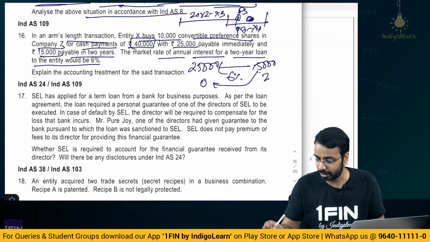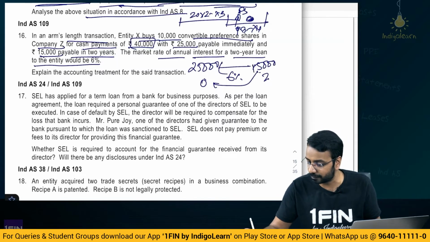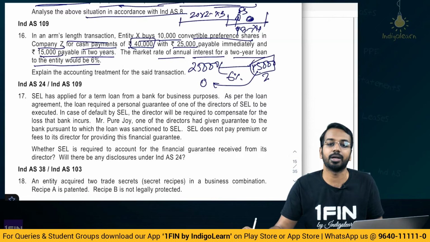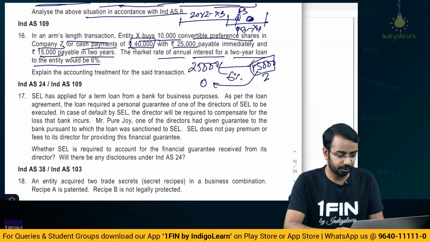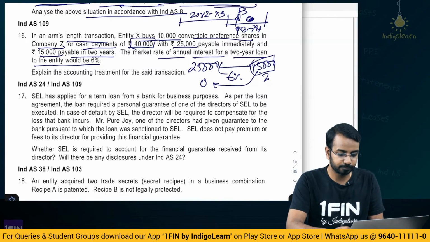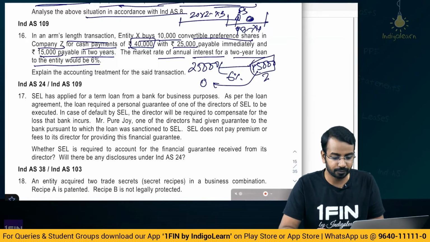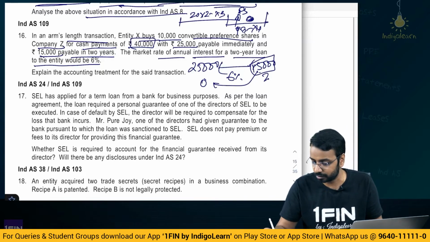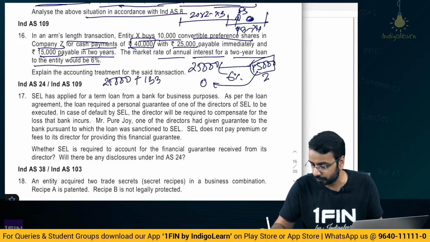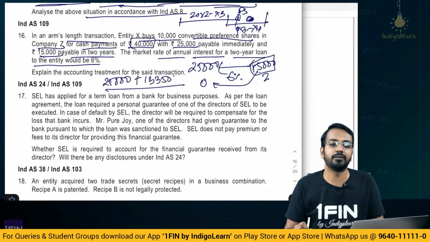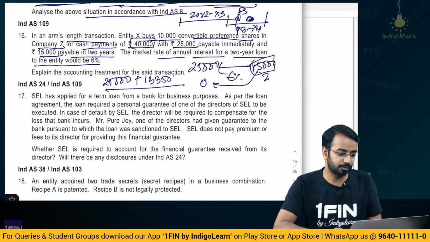So how will you account for it? The accounting will be present value of 15,000, that is 15,000 divided by 1.06 divided by 1.06. If I do it, I get 13,350. So 25,000 plus 13,350 is your value at which you will record the financial instrument.